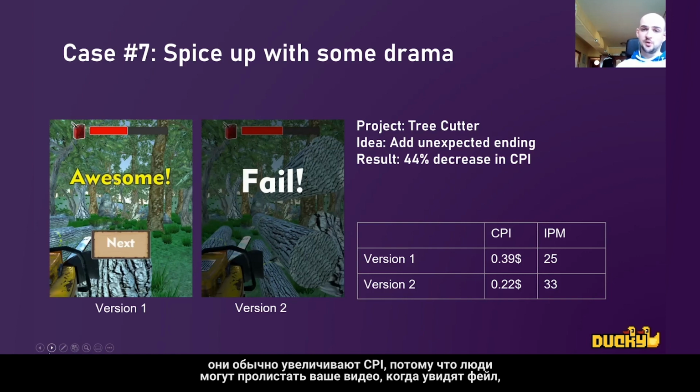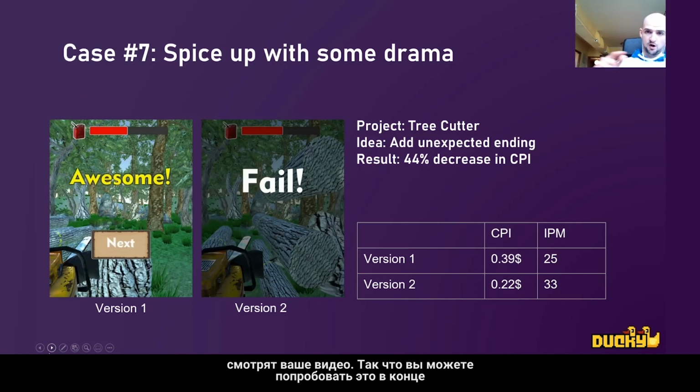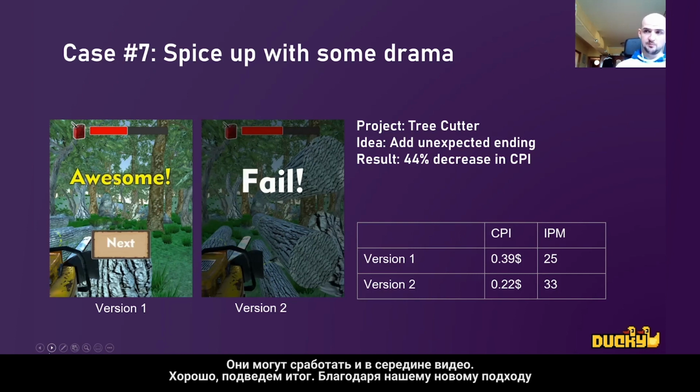They increase CPI, because people might drop your video when they see a failure, thinking that they already saw the whole sequence about the game, the whole presentation of your game. So there's usually a drop in the percentage of people who are watching your video after a failure. So you might want to try it at the end of the video. But in some cases, fails also work. Unexpected fails also work in the middle of the video.